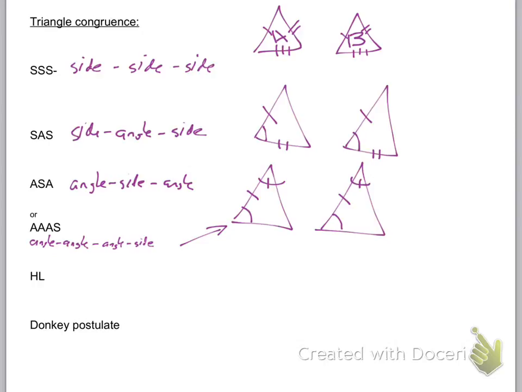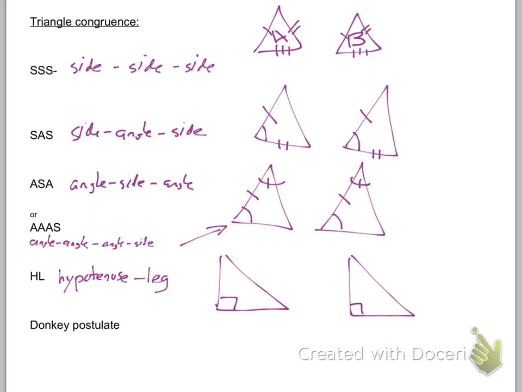And then we have HL. Hypotenuse, leg. Now, hypotenuse leg, guys, only works for a special triangle. It only works if it happens to be a right triangle.